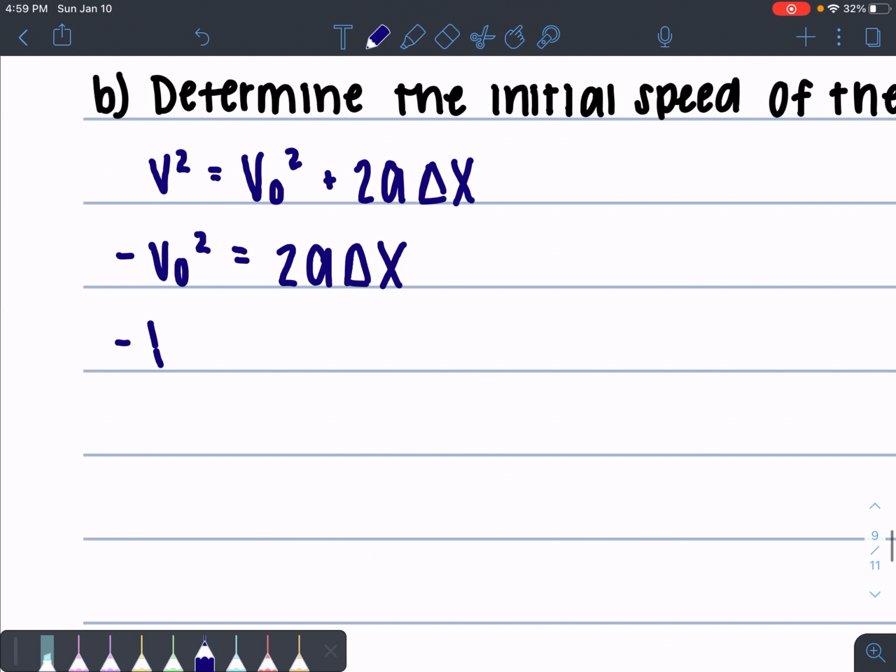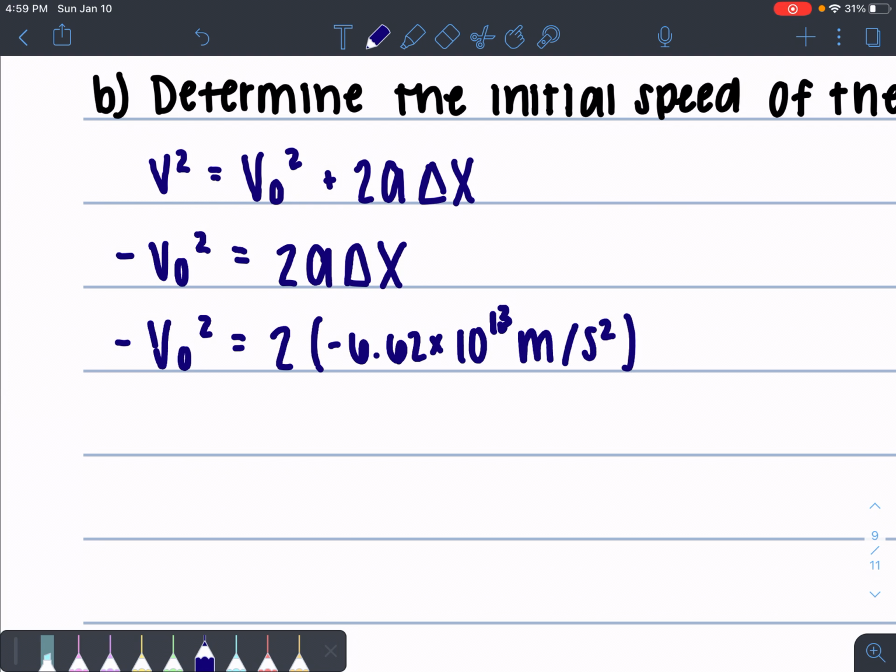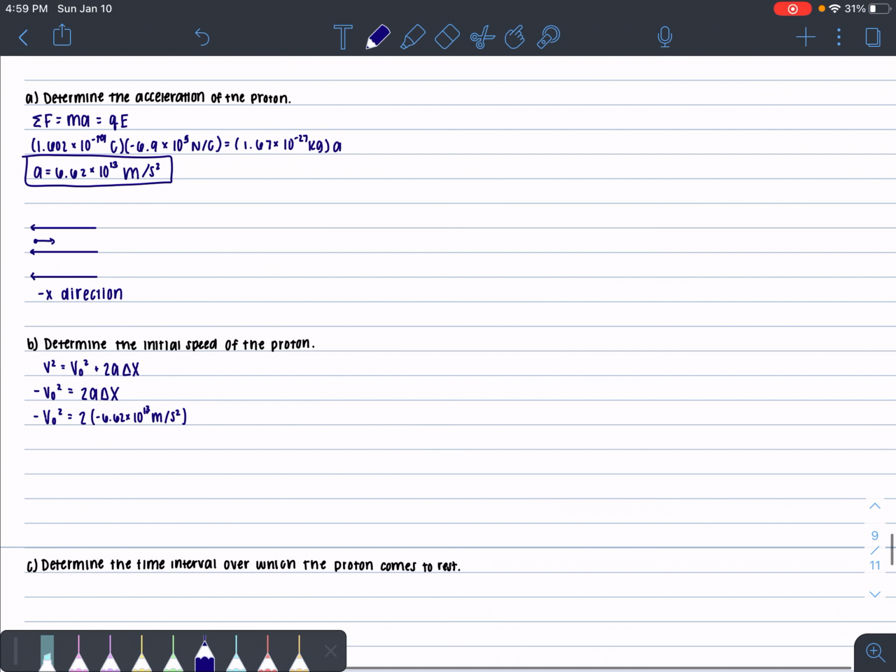So then I'm plugging in everything we know. The acceleration, we're going to put in a negative 6.62 times 10 to the 13th meters per second squared, because up here it says it's pointing in the negative x direction, so it's going to be negative.